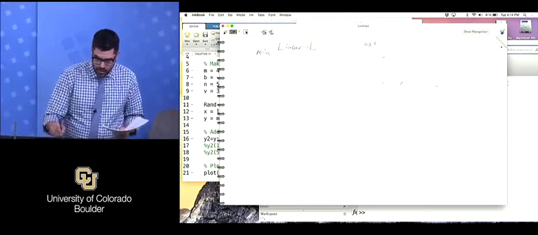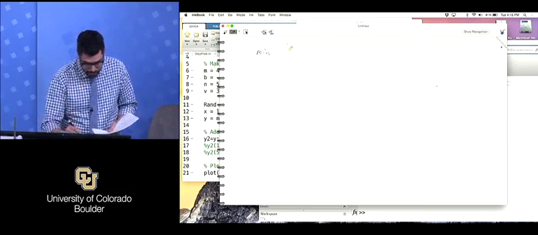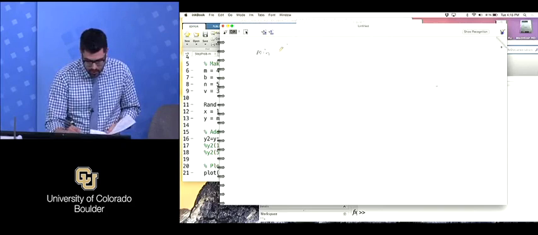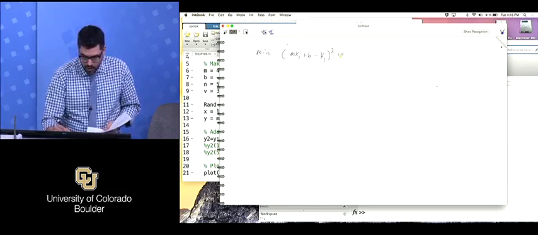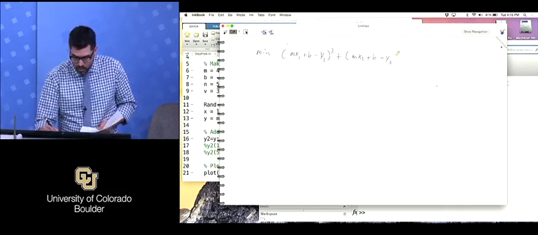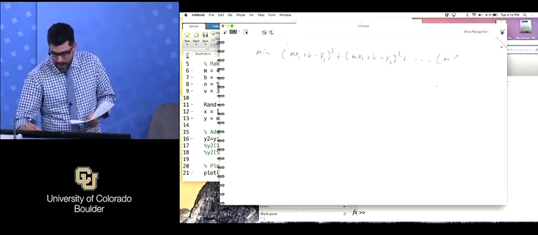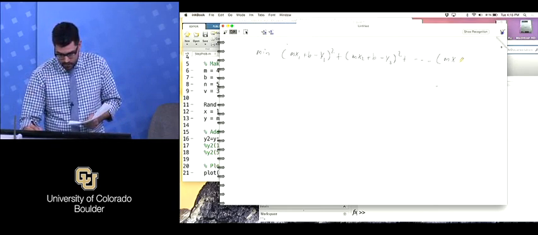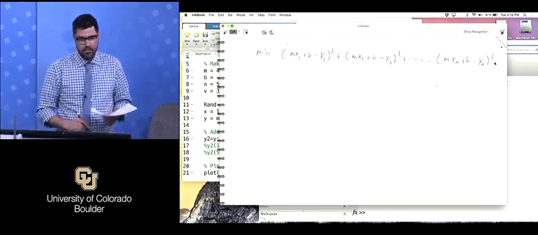All right, so let's look at the minimization. Here's how I'm going to write it. Minimize (m x1 + b - y1) squared plus (m x2 + b - y2) squared plus dot dot dot, all the way to (m xn + b - yn) squared.